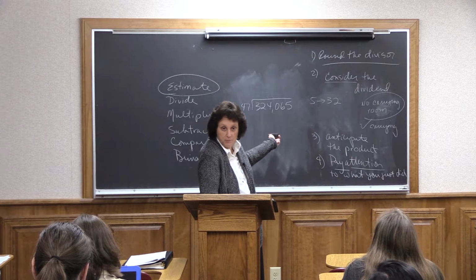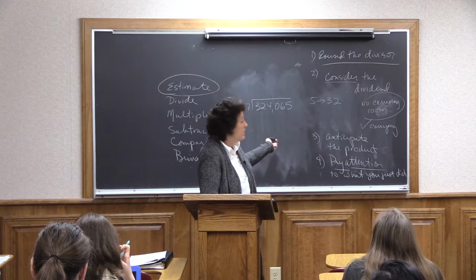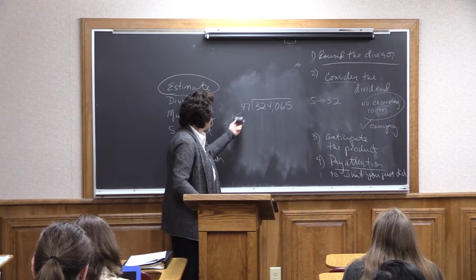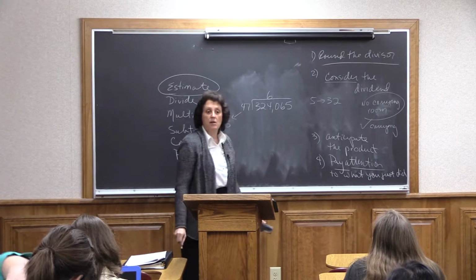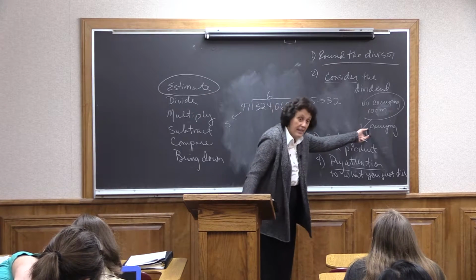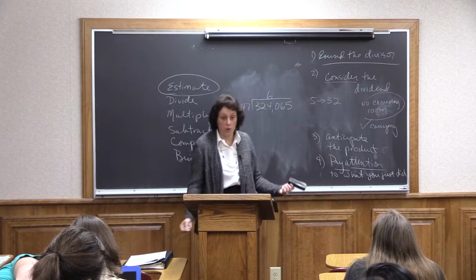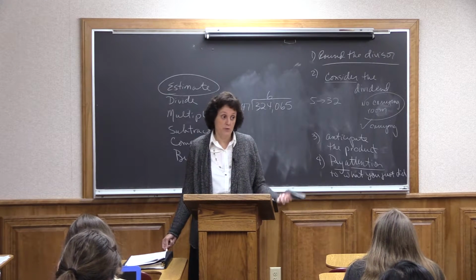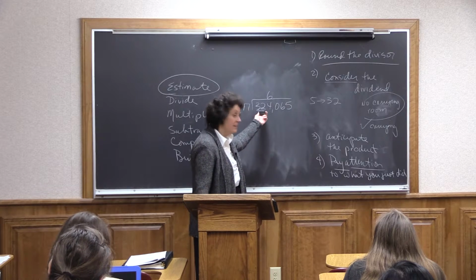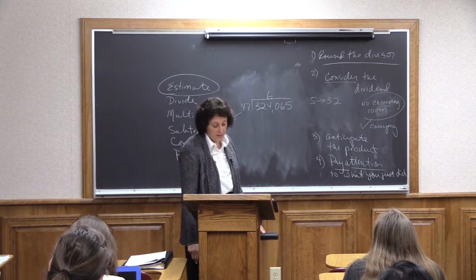Do I have enough carrying room? More than enough. So this 7 is pretty close to 5. I'm going to be very confident with my 6. Why? I have carrying room, and I know I'm only carrying a 4. And 6 times 4 is only 24. Look where I'm heading. I'm heading to 32. So I've got plenty of carrying room.